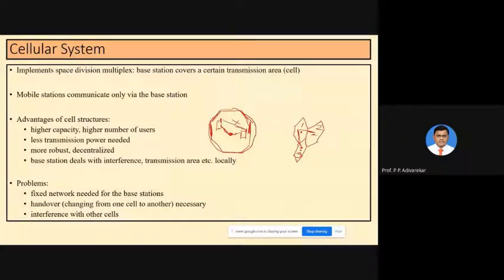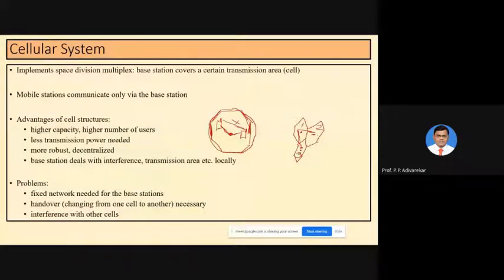Now another advantage of this decentralized process is the structure of it. The problem of interference will be tackled by a number of base stations rather than a single entity. Tackling the interference by a single base station is not possible.